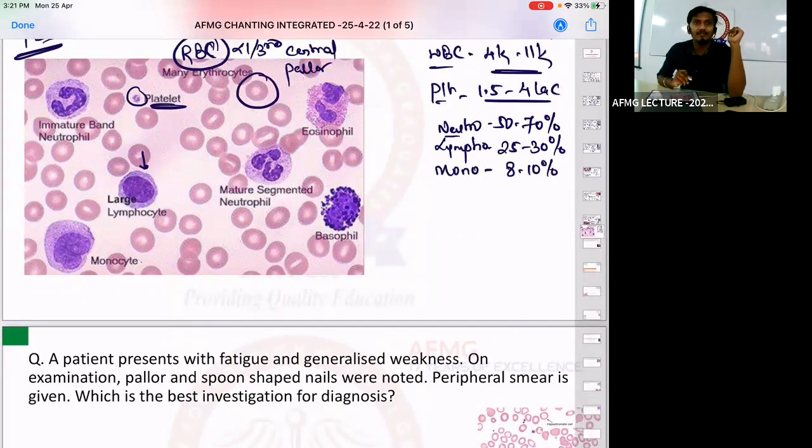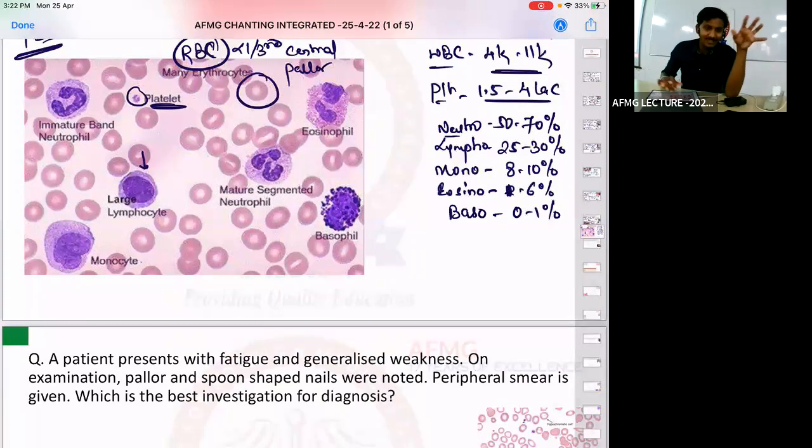Then 1 to 6% are eosinophils, and 0 to 1% are basophils. Understood? No issues with this.